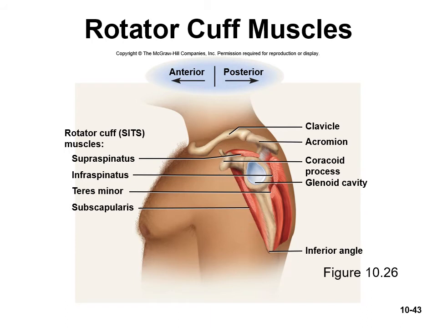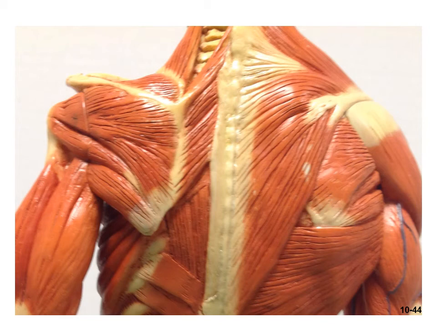So here's a posterior angle of our scapula, we're going to look at the 3 posterior rotator cuff muscles. So you've got the supraspinatus, which sits just superior to the spine of the scapula.